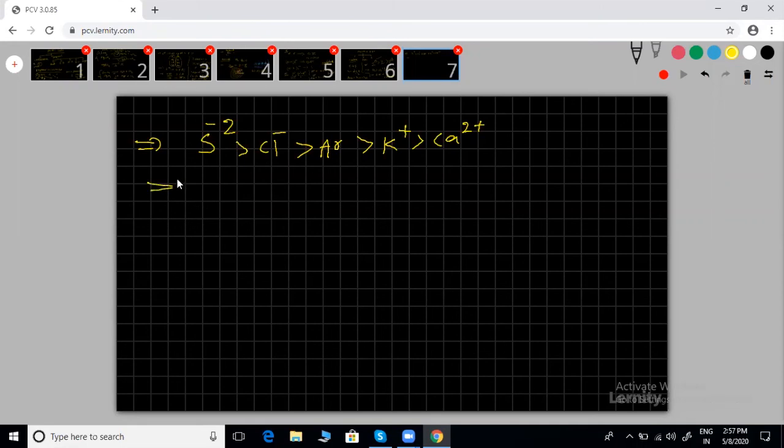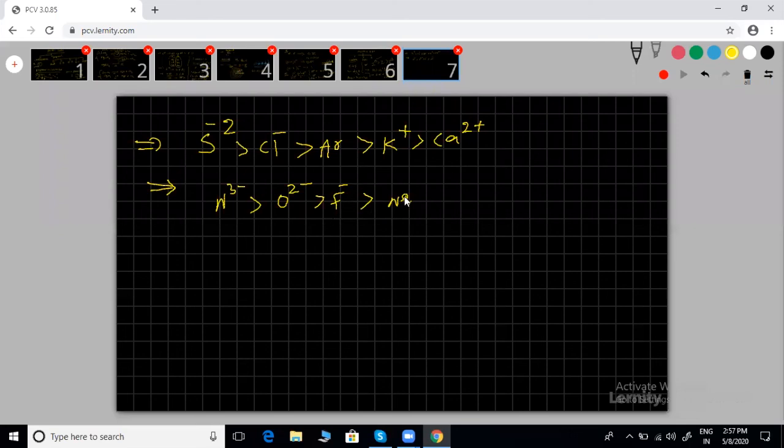So you can find argon has a lesser size than S2 minus and Cl minus. Okay. Next one: N3 minus, O2 minus, F minus, and neon.